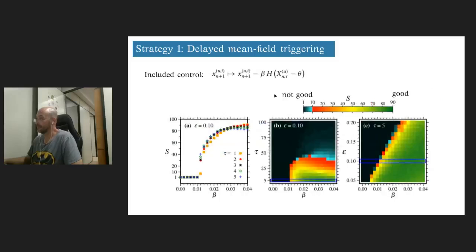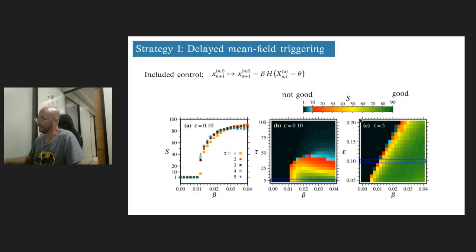So this control is given by beta times a Heaviside function of the mean field in each subnetwork with a threshold theta. We can see that S, the suppression measure, close to 1 is not good because we do not suppress the synchronization.